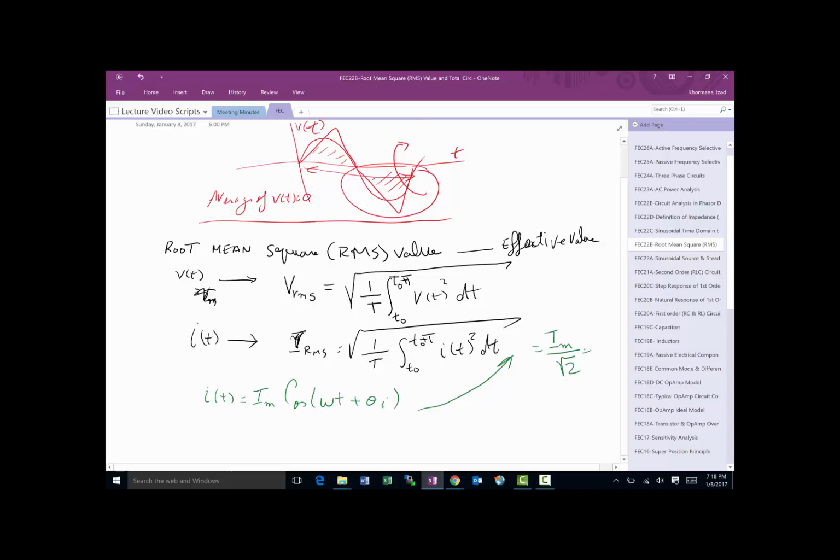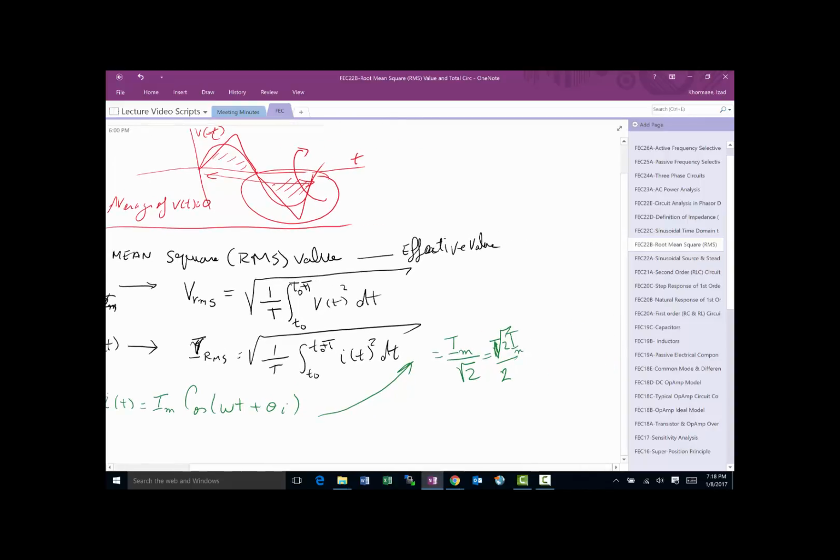Sometimes you might even see this written as square root of 2 Im divided by 2. But we have to remember this is only valid for a sinusoidal signal. This would also be true if v of t happened to be sinusoidal. You can also get Vm over square root of 2, which can also be written as square root of 2 Vm over 2.